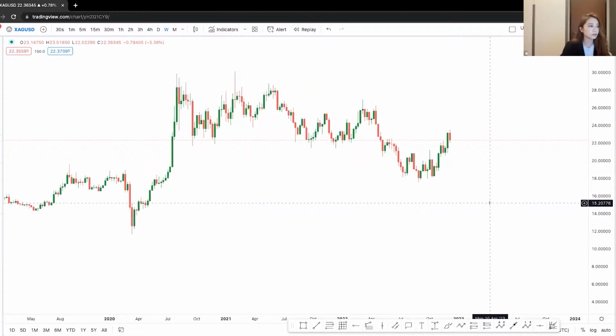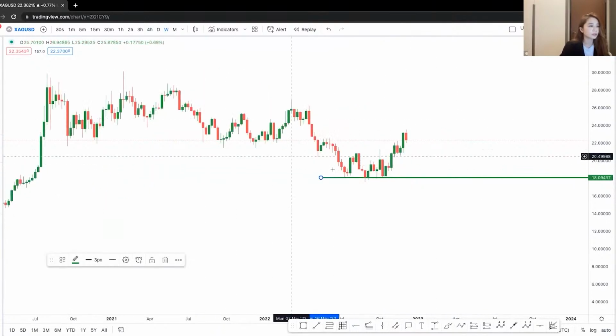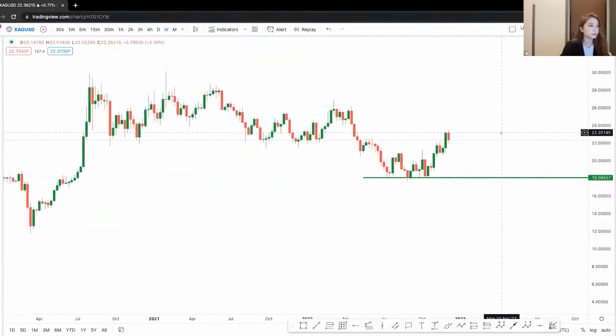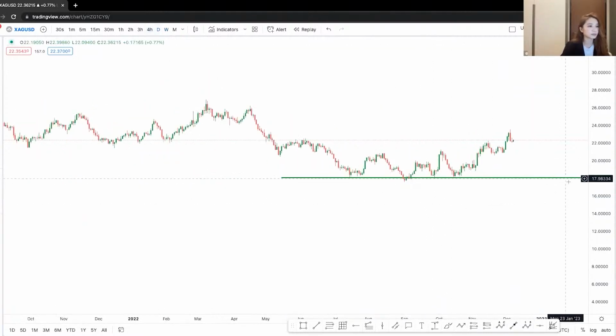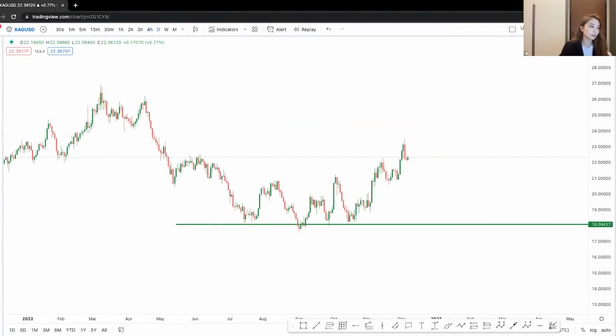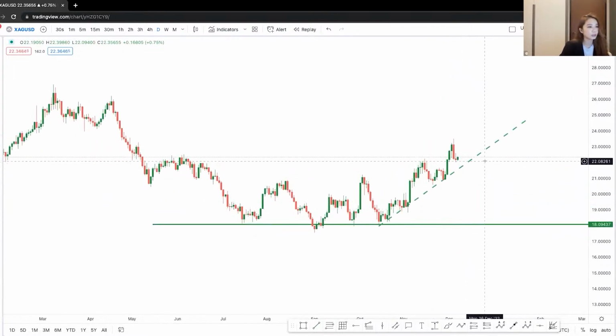Okay, for silver, very obvious levels here in terms of support. Looks like it's an upward momentum for now. Let's look at daily. On the daily, there's an upward moving trend line. Not a channel, but upward moving. We are also looking at a potential support turn resistance price point over here.